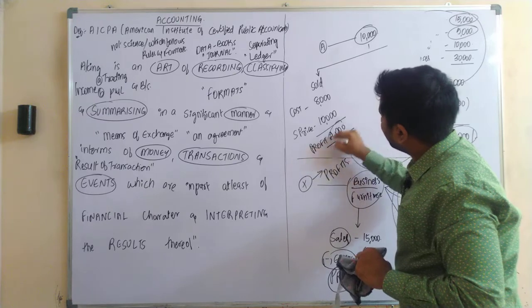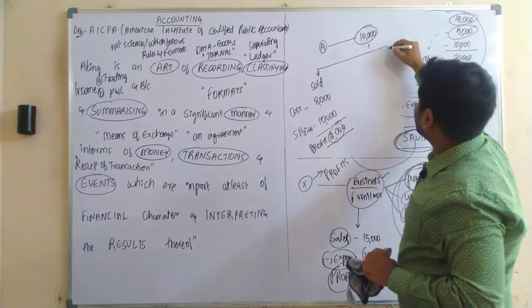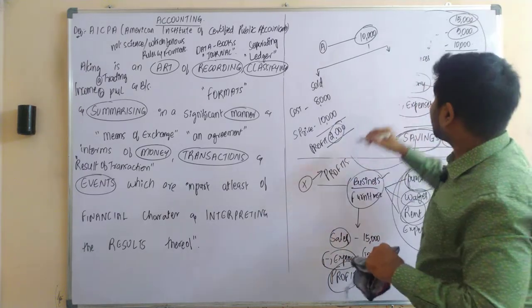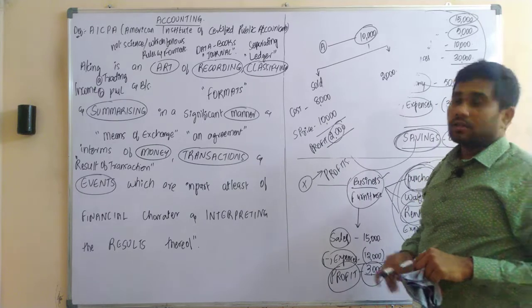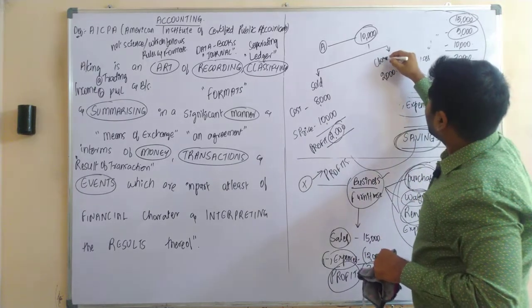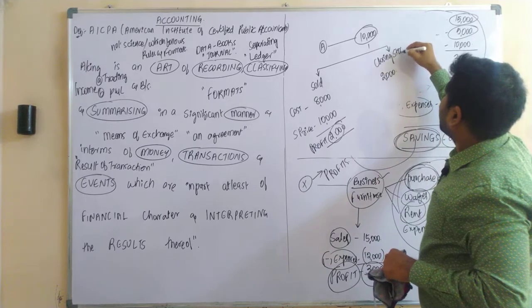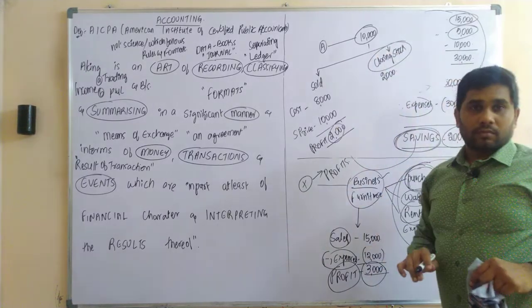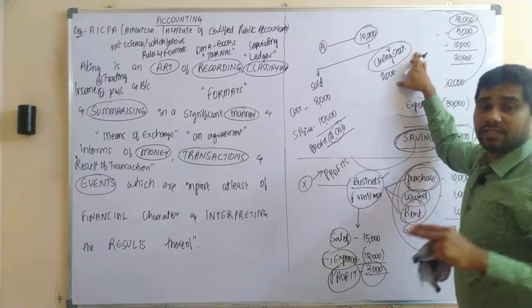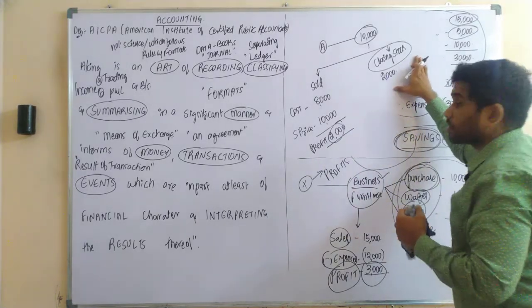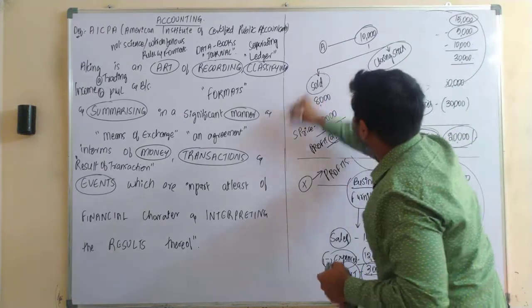Okay, now continue. As you sold 8,000 out of 10,000, you were left over with 2,000 rupees of stock. So can I call whatever is left over after selling the goods closing stock? Yes or no? Now let us understand. This closing stock of 2,000 has arisen because of this sale only.